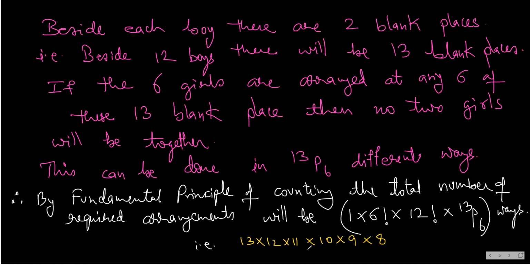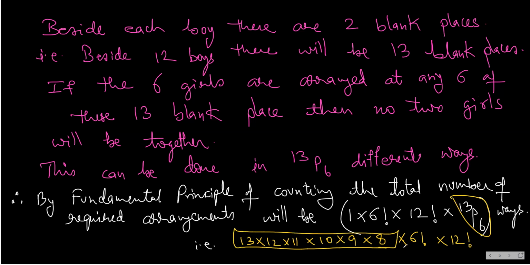You begin with 13 and go in descending order for 6 numbers. Then I write 6 factorial into 6 factorial into 12 factorial.